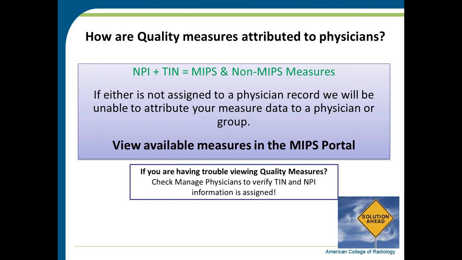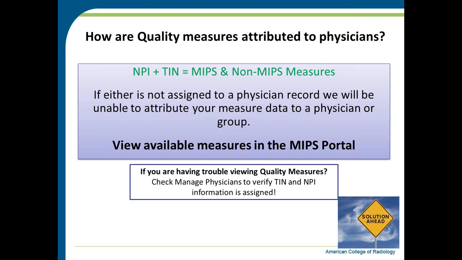And then the key question is, we are all about you monitoring your data, so you may come up with some errors or some inconsistencies. We always ask that if you have trouble viewing any of your quality measures, to first check your Managed Physicians tab to verify that we have your TIN and your NPI information, and to be sure that it's assigned properly to your physicians.